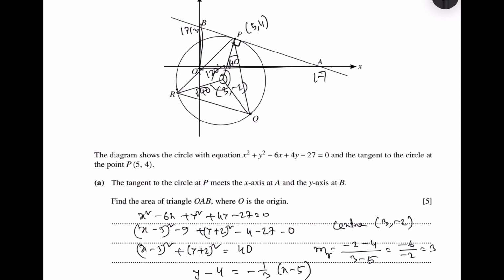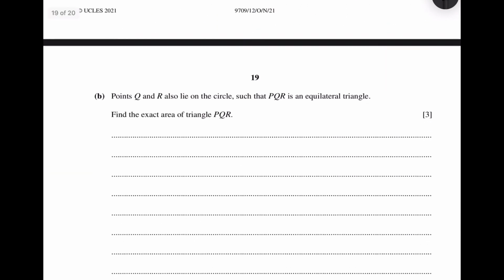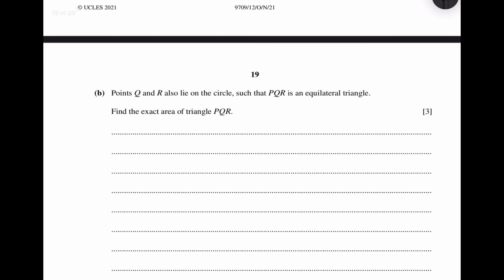So 3 triangle is 3 into half AB sin theta. So area of triangle PQR equals to 3 times, since there are 3 triangles, half root over 40 into root over 40 sine 120 degree. So let us simplify.